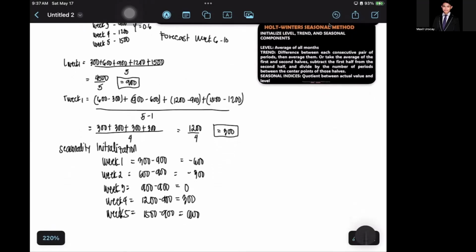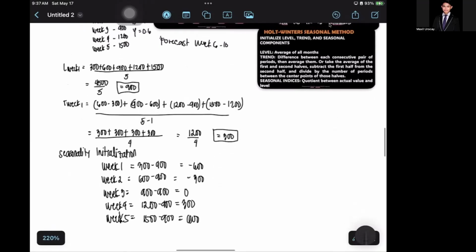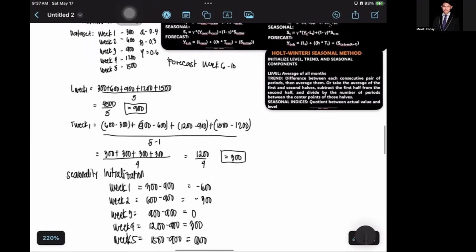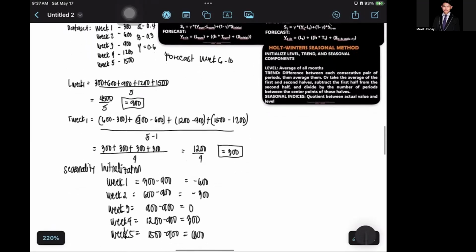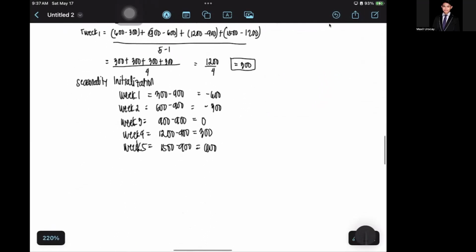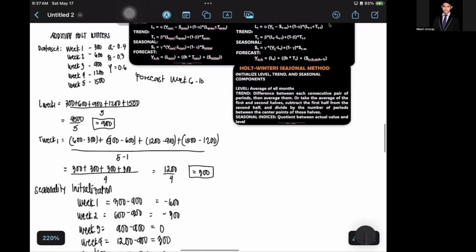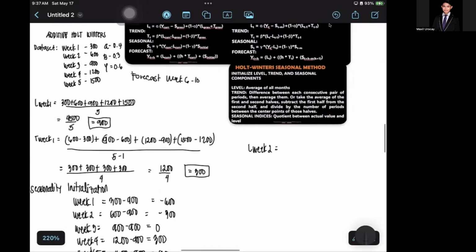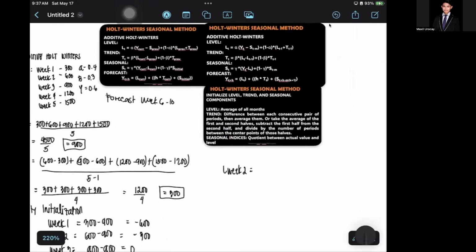So, since we're able to have the initialization, we can definitely calculate already the week two level, trend, and seasonality. Now, what we will begin to do right now. So, for example, level of week two. That is alpha, our alpha for right now is 0.4, times the YT, or the current value of week two, that is 600.